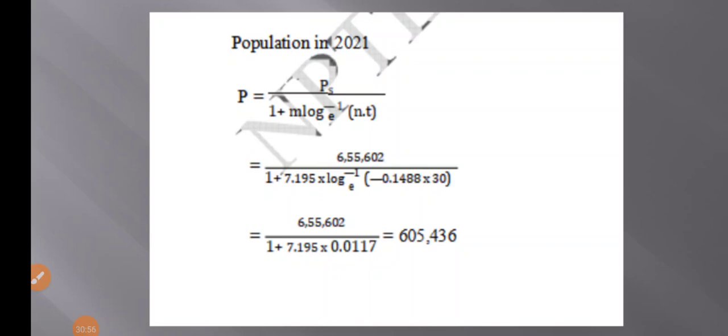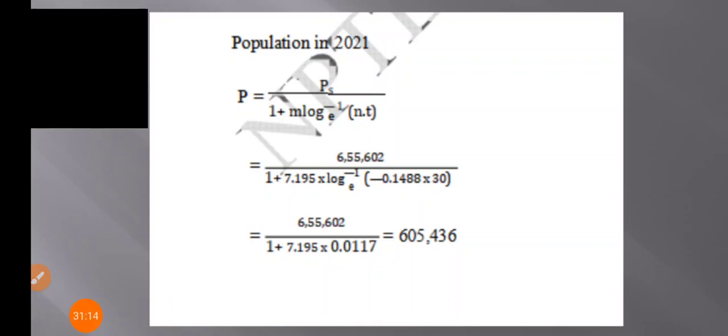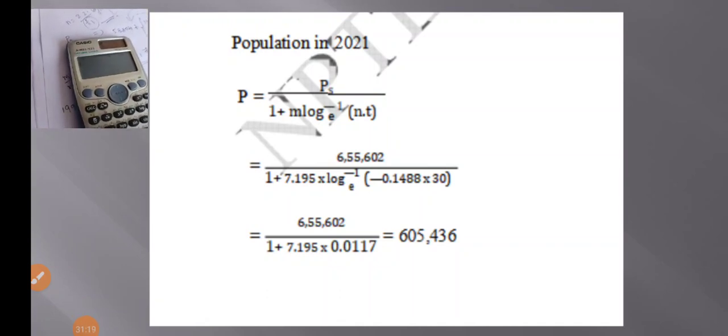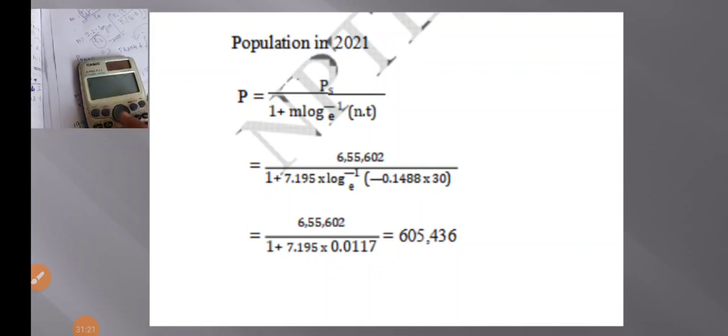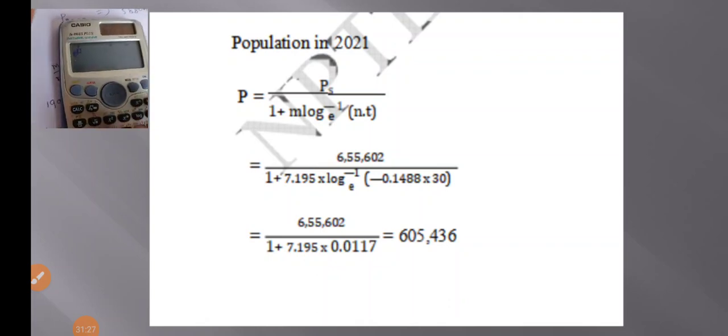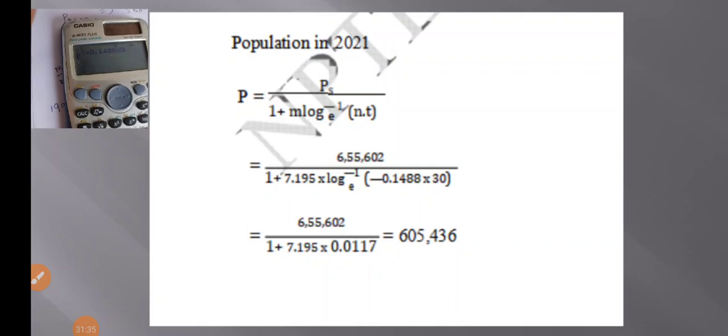So we have to calculate this. Here I will show how to use the calculator for the substitution. 7.195 into log e to the power of minus 1; we take this as alpha e to the power of, in a bracket, minus 0.1488 into 30.